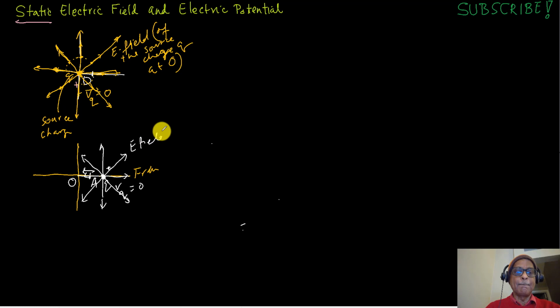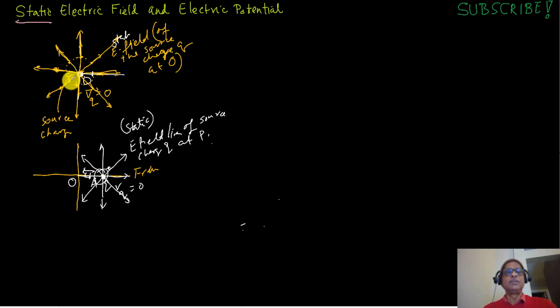These are electric field lines of source charge Q at point P. If I have more than one charge, these are all static charges. This is static, this is static, so this thing is static.